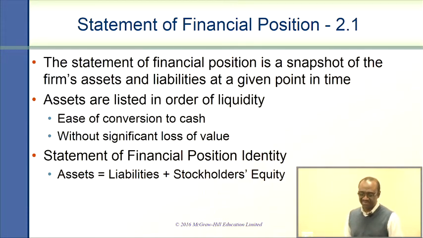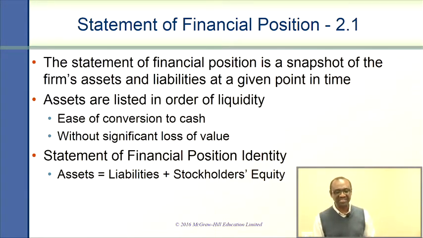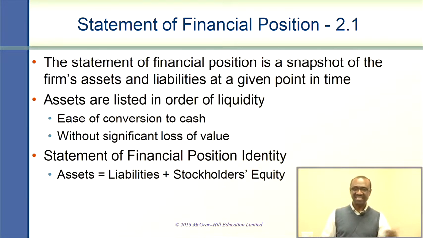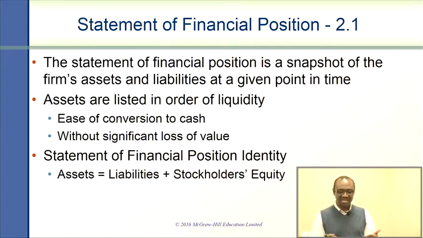And the third part is the stockholders' equity. Stockholders' equity is simply a claim of the owner in the business. It's really the residual between the company's total assets and the liabilities, which is used to define the equity, the stockholders' equity.